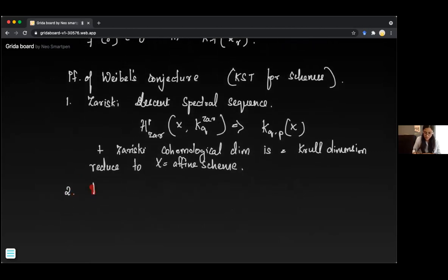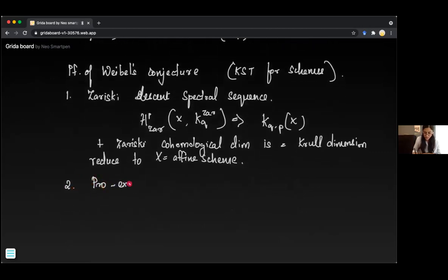And then you use pro-excision for blow-ups. So once you reduce to the affine case, then your schemes would have the resolution property. And also you can assume that they are reduced because the negative K group of schemes is nil invariant. So this would allow the killing lemma to be applied.